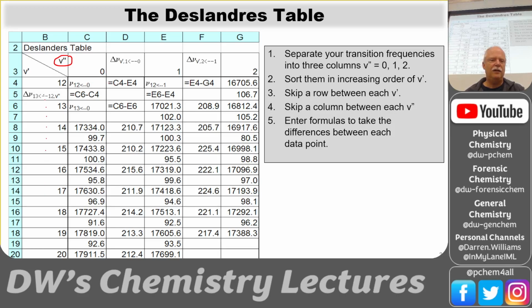And going down the side, the rows are the V prime quantum numbers. This is useful because, say we hit level 14 from all 3. So we have the 0 to 14 transition here, the 1 to 14 transition here, and the 2 to 14 transition here.